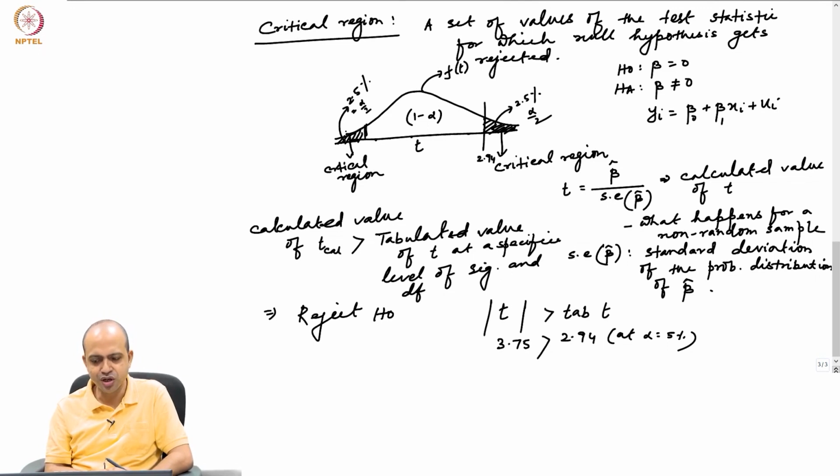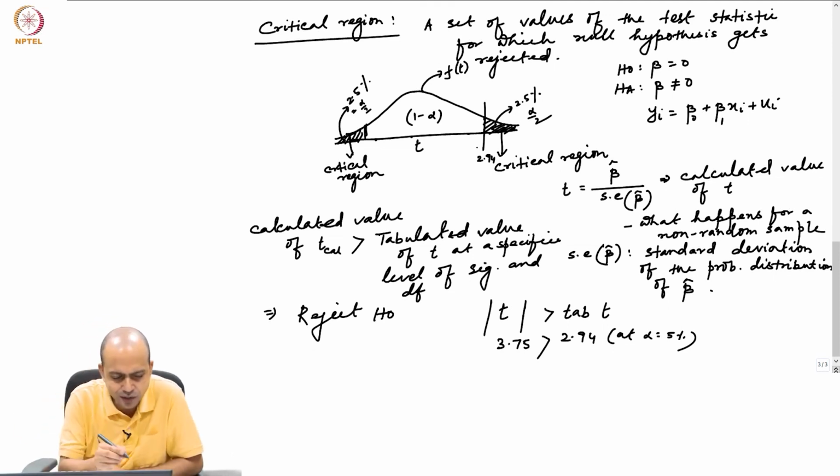Now, the question is, how will you get this value 2.94? How do you generate the tabulated value of t? How do the statisticians prepare this type of table? The idea is very simple. They have applied the concept of definite integral.